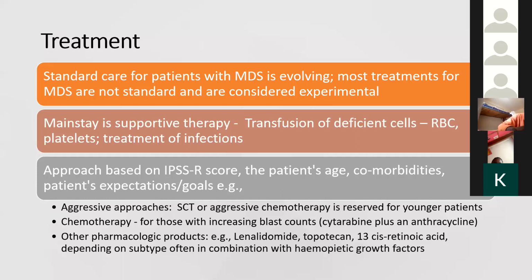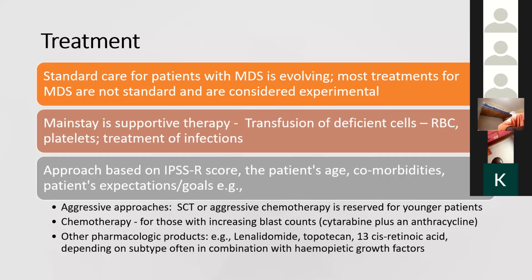And there is an approach beyond that now, which is based on the IPSS score, the revised score, the patient's age, because if a patient is older or very elderly, you're much less likely to give aggressive therapy as opposed to a patient who may be 50 years of age.